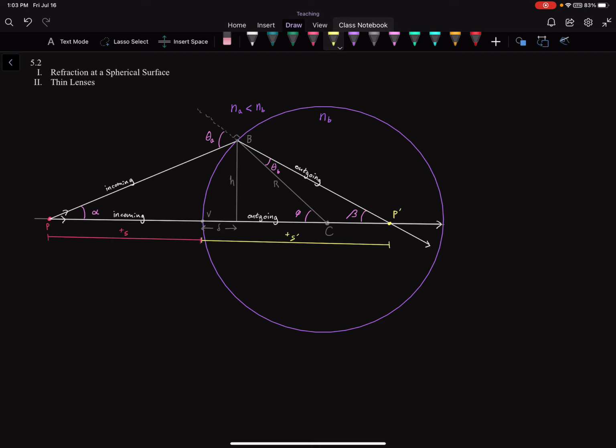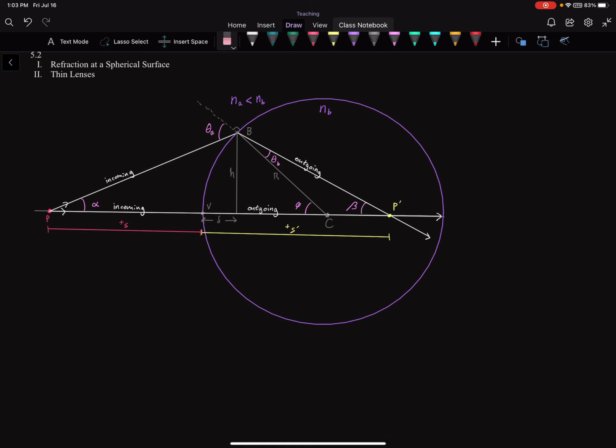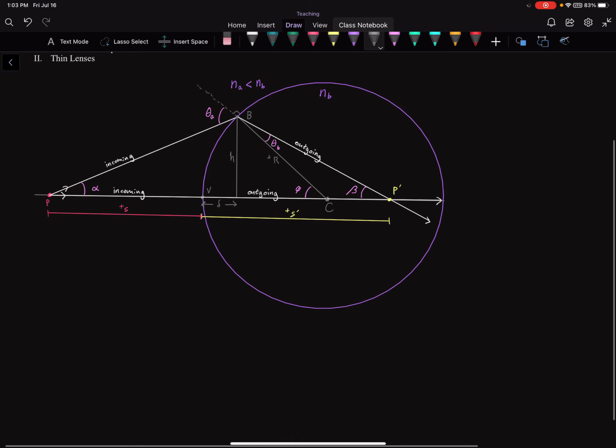So similar to the second sign rule with the image distance. So since the radius is on the same side as where the image is formed, then the radius is positive as well. So I'm going to just put a little plus sign there. All right, so they're all positive.